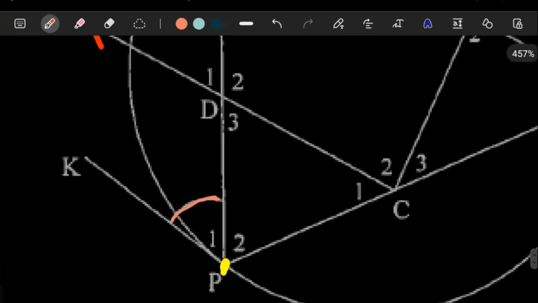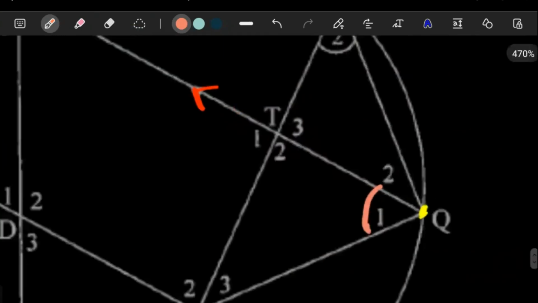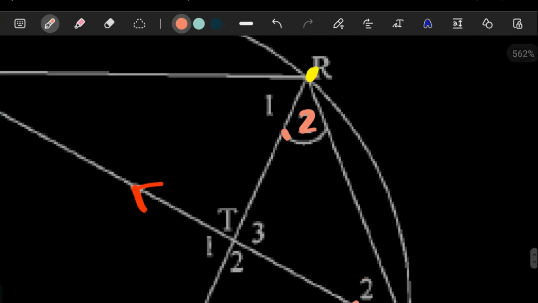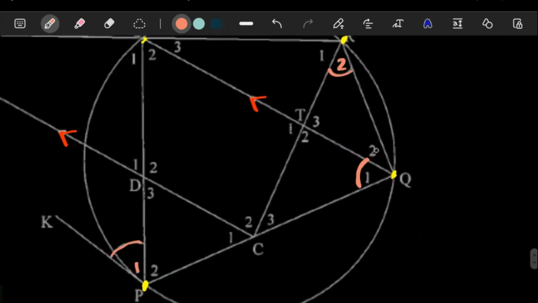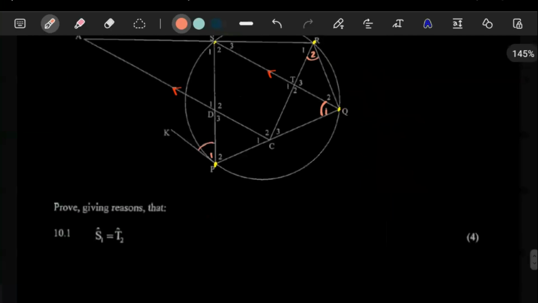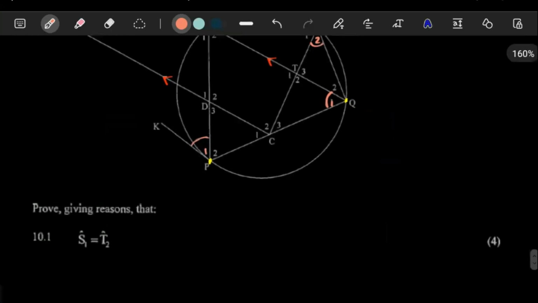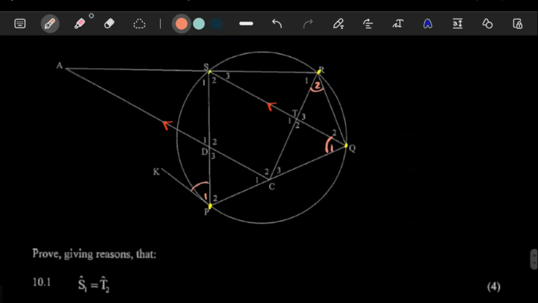That's important, because if they're going to tell us those are equal, it automatically means that this is also equal to this one. We should not forget it. They're all equal to each other, because if this is equal to this because of the tan chord theorem, these are equal. They just told us they're equal. It's like given information, so we can use that information to our advantage. So it seems like there's a lot going on here. They say we should prove that S1 is equal to T2.